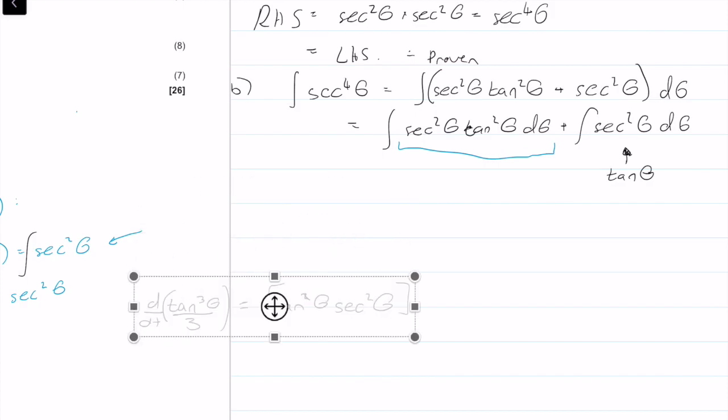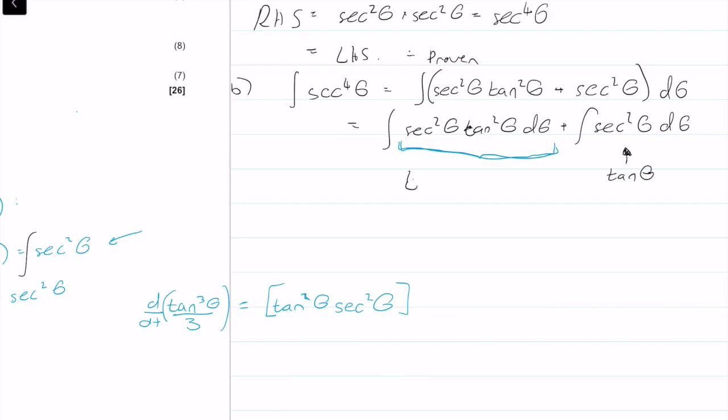So the integral of sec 4 theta in total is equal to tan cubed theta over 3 plus tan theta plus our constant, because there are no bounds of integration.